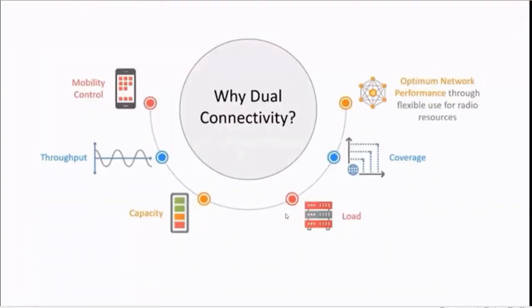So now the question comes, why do we need dual connectivity? The main reason for dual connectivity is to provide more radio resources to users and the user equipment. What is really important in sales, marketing, and competition is the services in the end, right?